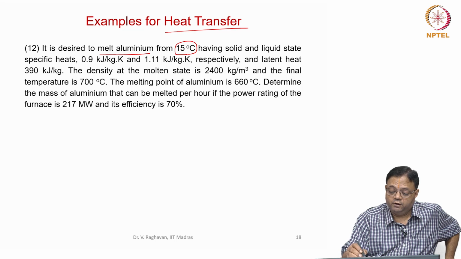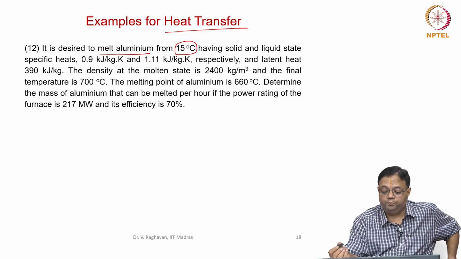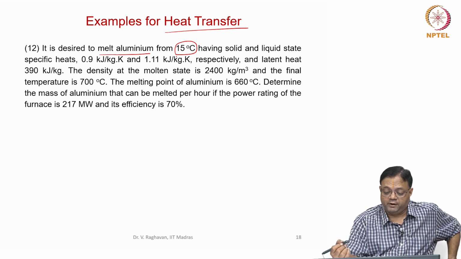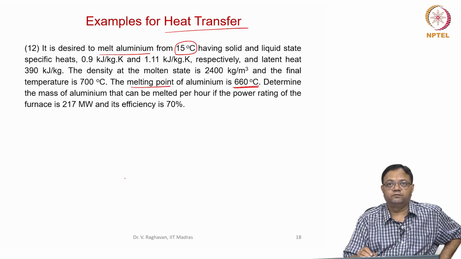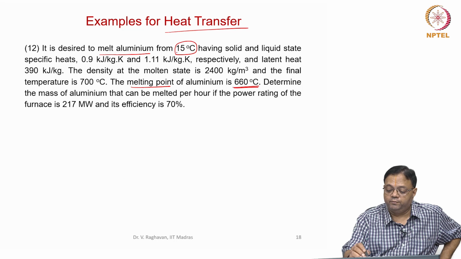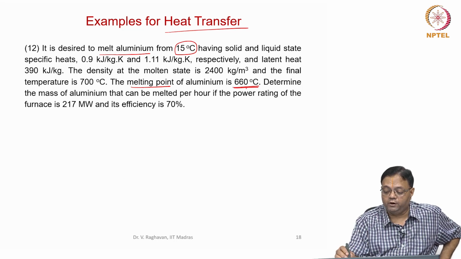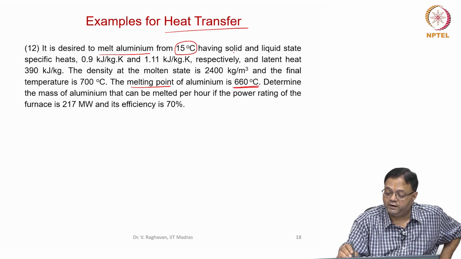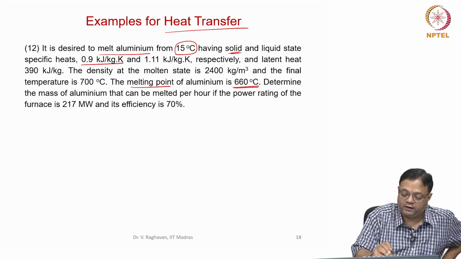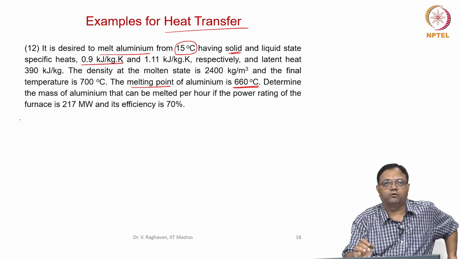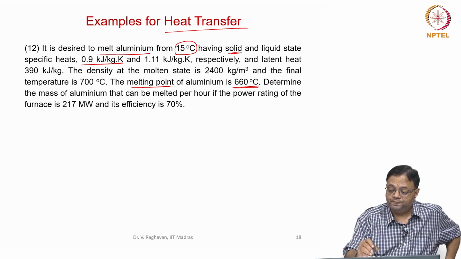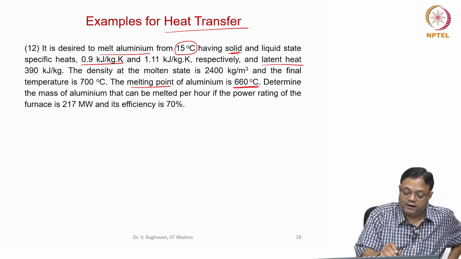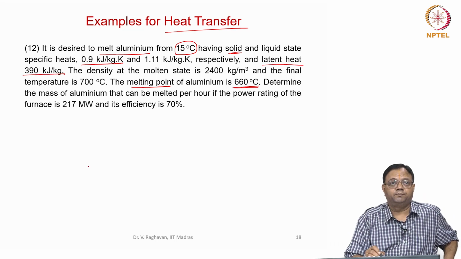First of all it has to be heated to the melting point, that is 660 degrees centigrade. So, solid aluminum has to be sensibly heated from 15 degrees to the melting point, where the specific heat of solid state is given as 0.9. That has to be used to calculate the heat required. Then the latent heat is given as 390 kilojoules per kg.